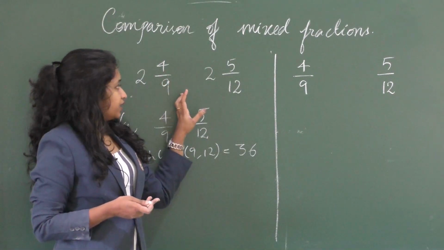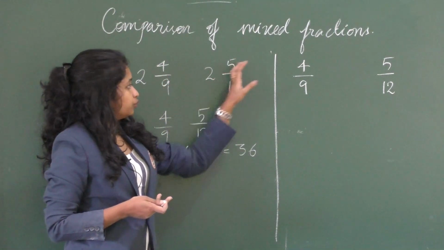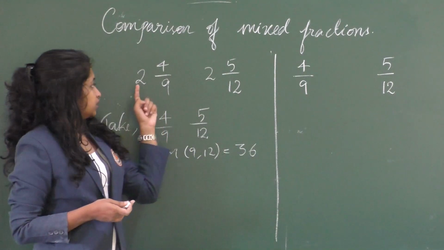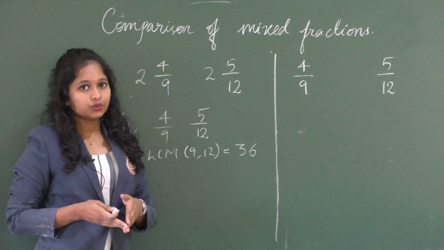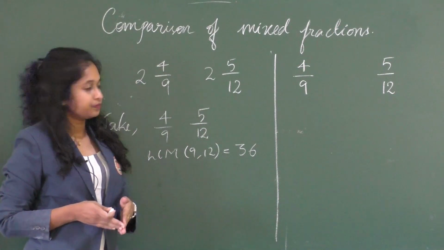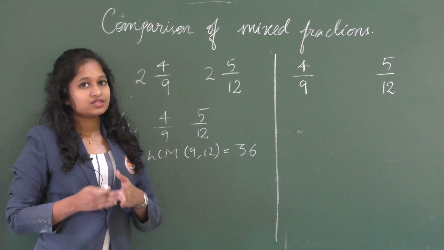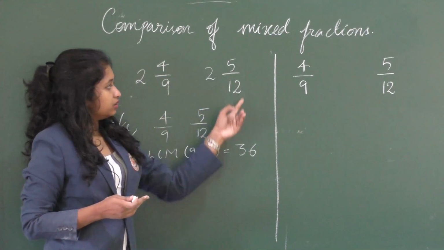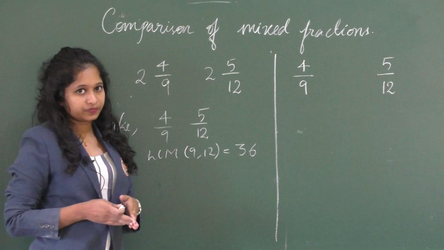2 4 by 9 and 2 5 by 12. Okay? Here the whole part is 2 and it is same. So just look at the fractions here, 4 by 9 and 5 by 12.